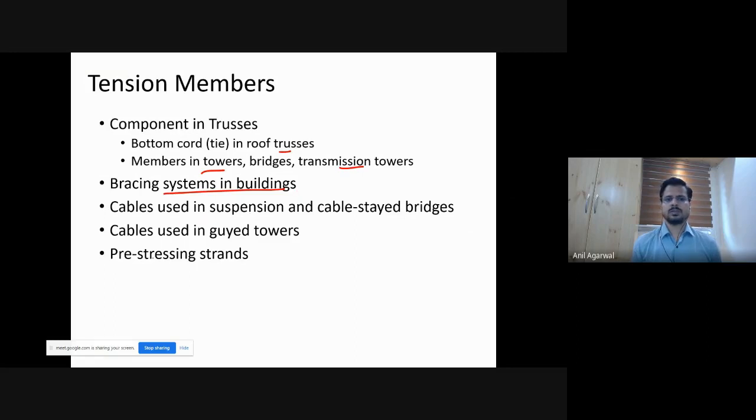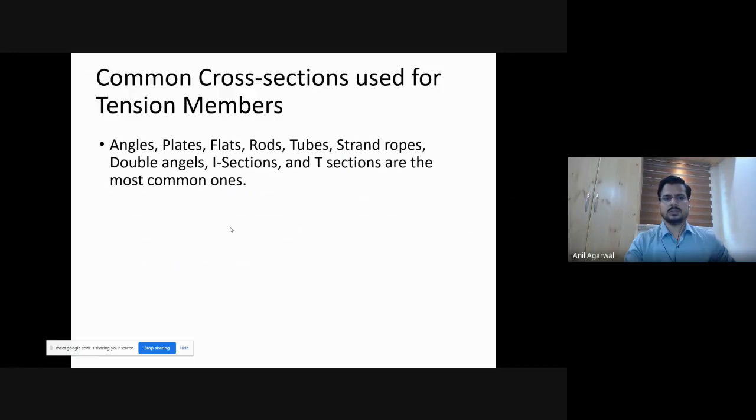Then you may have cables and pre-stressing strands etc., but those are not the topic of interest as far as structural steel is concerned. We are talking about designing of members which are not in that domain, so we are not talking about cables etc. The things that we are talking about in this course are angles, plates, flats, not even rods, and then maybe I sections and T sections and double angles that are designed in tension.